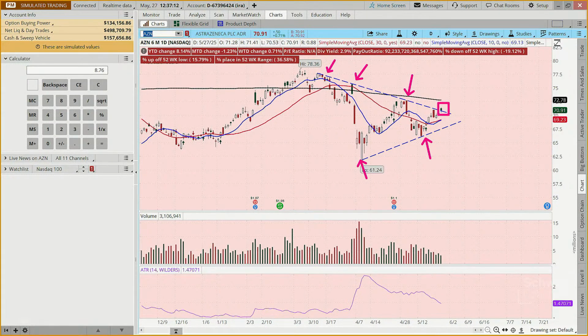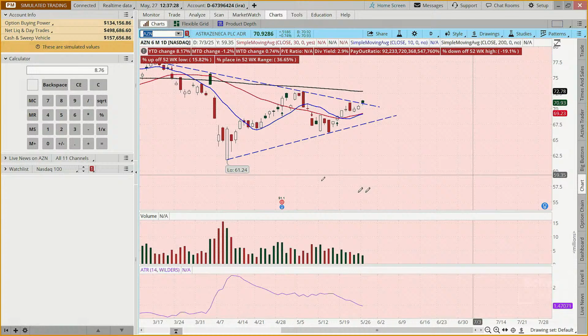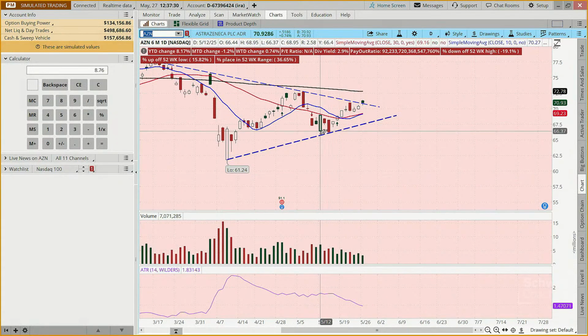One of the questions was, what does it mean when you have a dark green candle as opposed to a white candle with green around it? If any of you are newer to candlesticks, let me point this out.